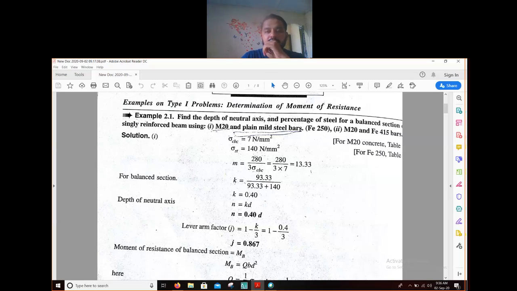So next, we are solving the first question. Second, it is given plain mild steel bar. I told you plain mild steel bar means Fe250. It is written here, but in some questions it might not be written. It might only say that you are using mild steel bar. If mild steel bar is given, then you have to understand that we are using Fe250.